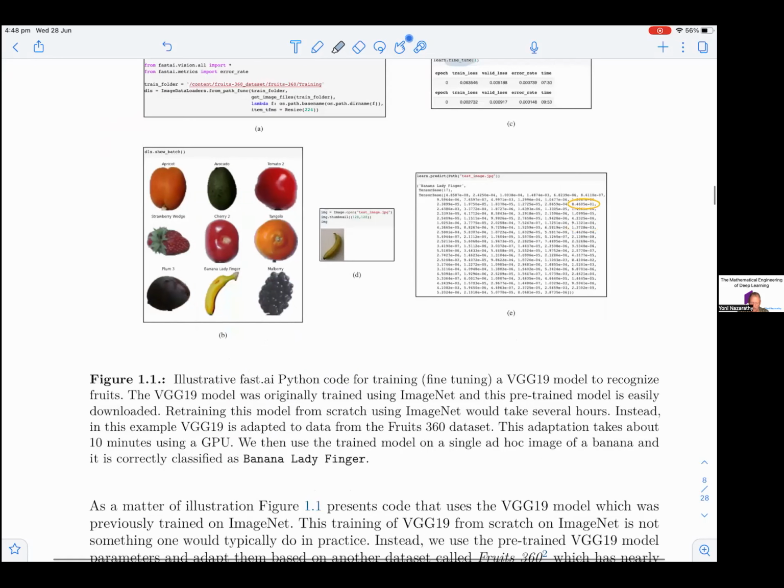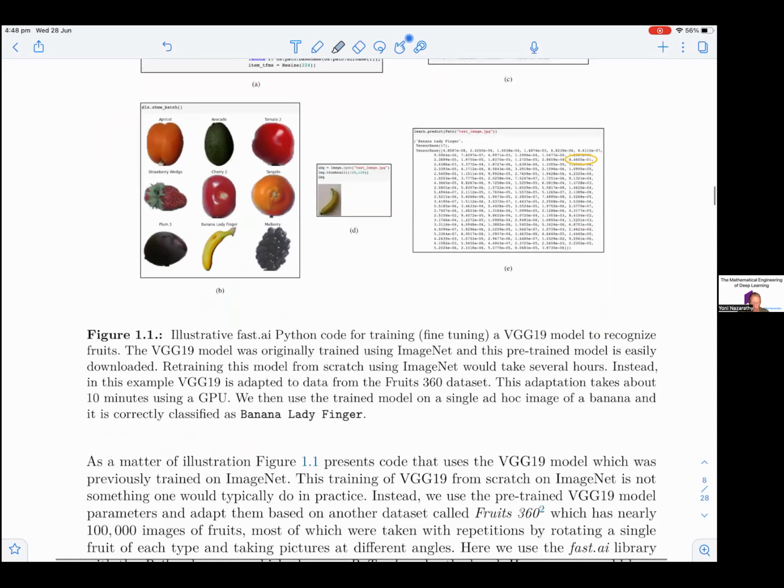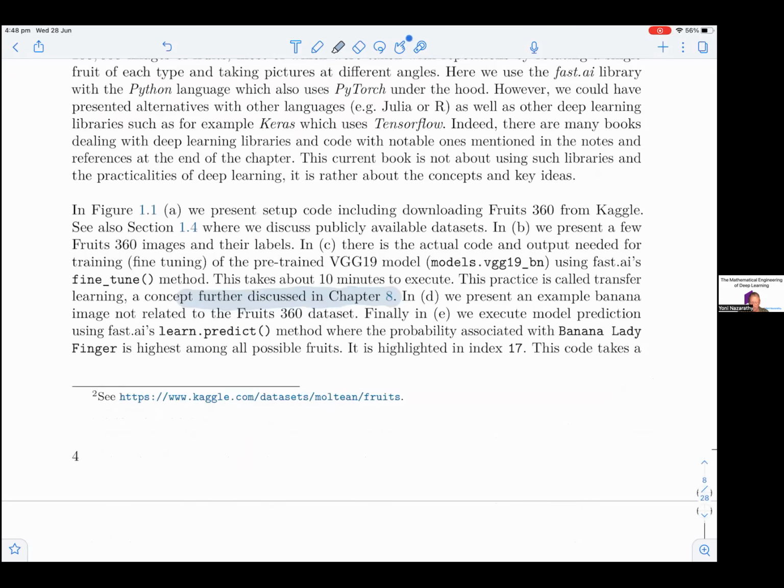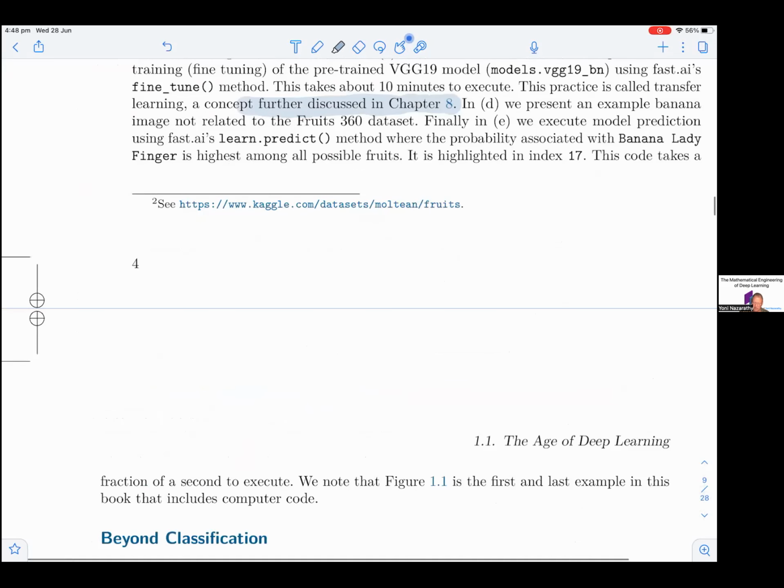In D, we present an example banana image not related to the Fruits 360 dataset. Finally, in E, we execute the model prediction using fast.ai's learn.predict method, where the probability associated with banana ladyfinger is highest among all possible fruits. It is highlighted in index 17. This code takes less than a fraction of a second to execute.